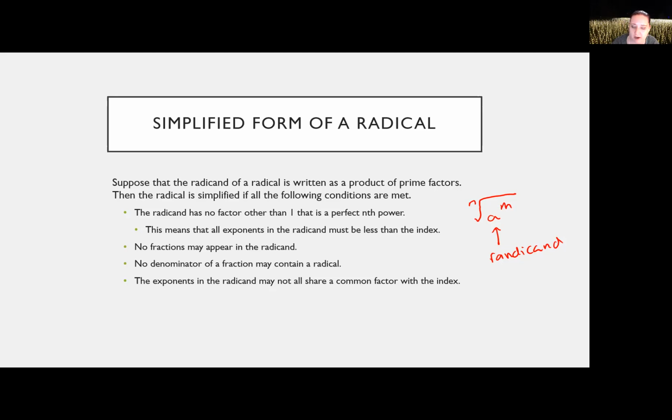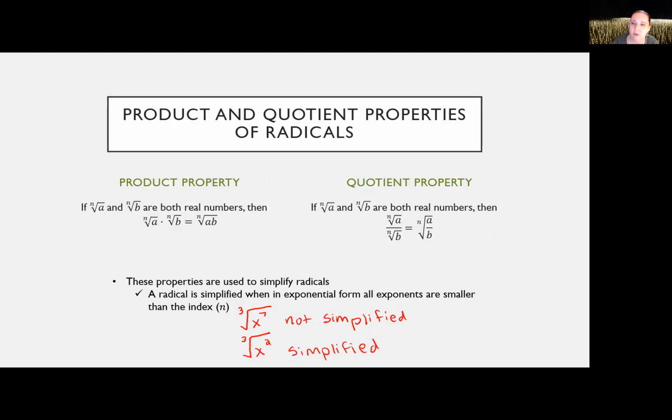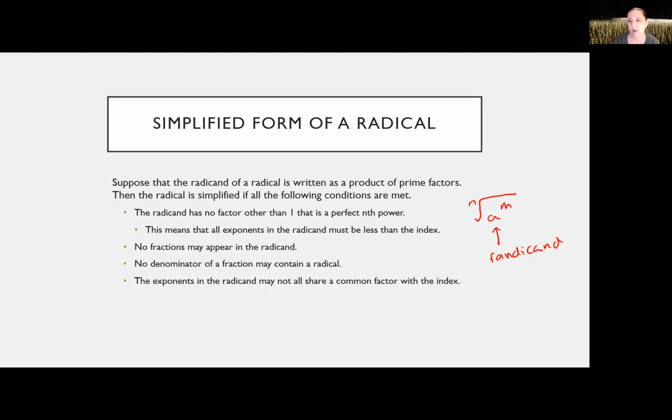If you have fractions inside the radical, you want to use the quotient property to split it up, and then you need to do some simplification. If we have fractions and radicals in the bottom of a fraction, that's not allowed, so we have to do some work to get radicals out of the bottom of a fraction. And that exponent m can't be divisible by the index on the outside, because if it is, then it needs to be simplified.